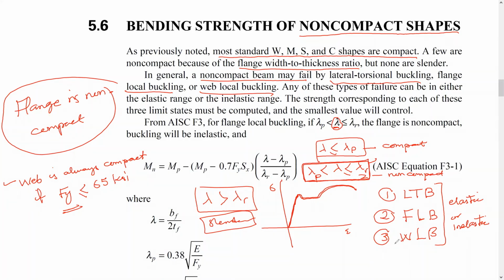For web local buckling, as I just mentioned, the web is all the time compact for hot rolled shapes in the manual.